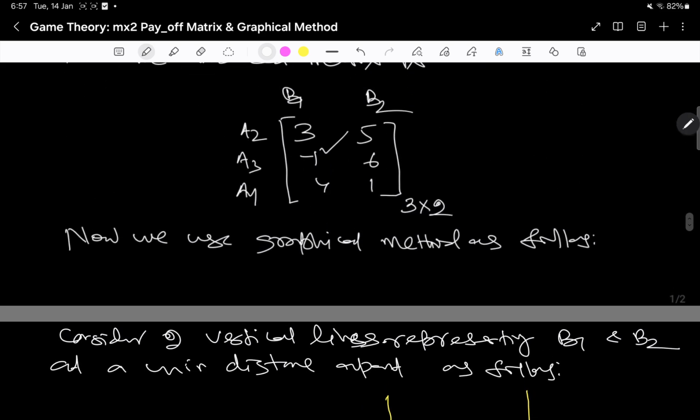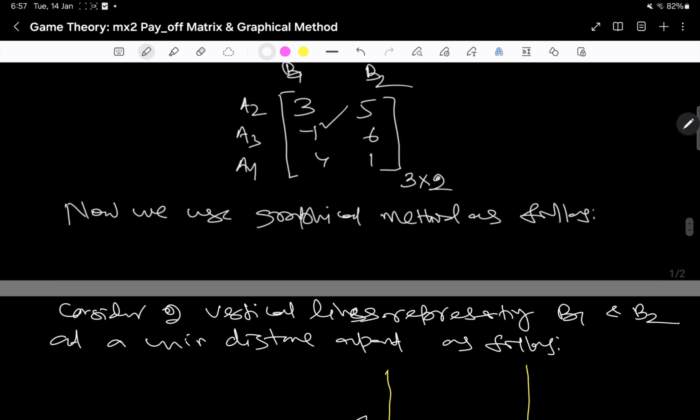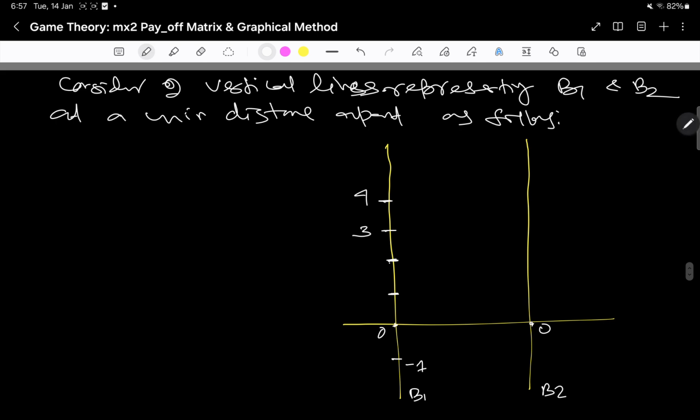I need 3 and 4. This is my 3 and I take 4 here. On your B2 we have 1, 5 and 6. In B2, here it is 1, here 5 and here 6.